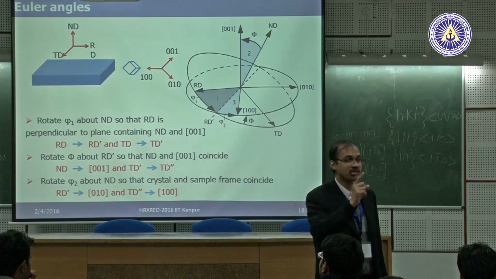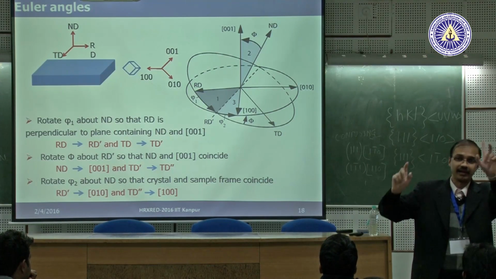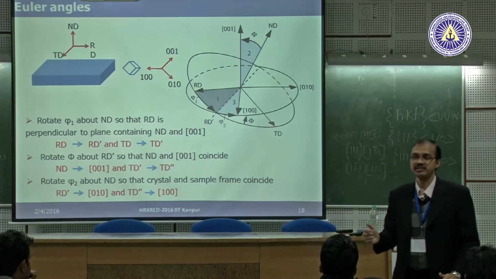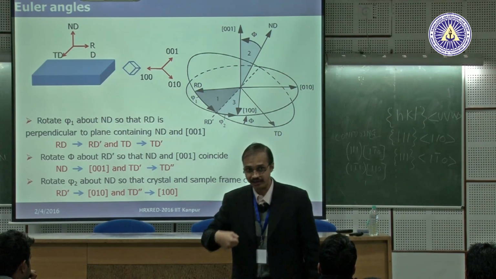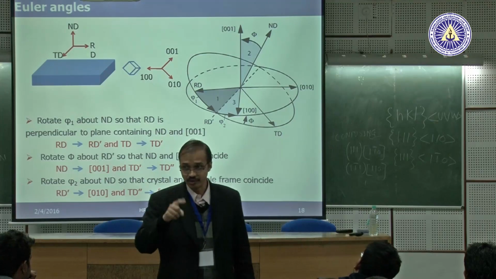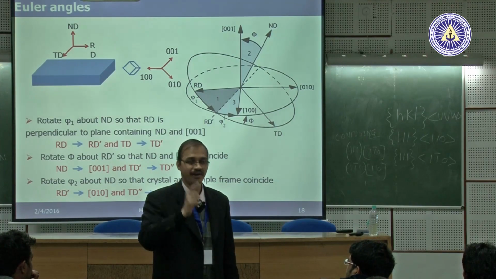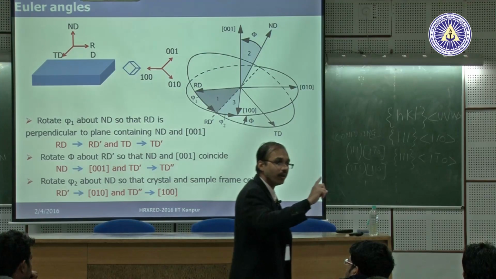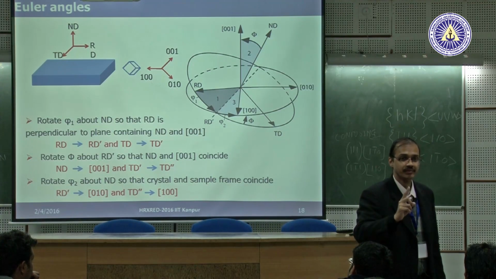This I achieve by rotating about ND by phi 1 angle, so only one angle. Now the next rotation is going to be along RD prime. I rotate about an angle phi, so that my ND and 001 coincide.